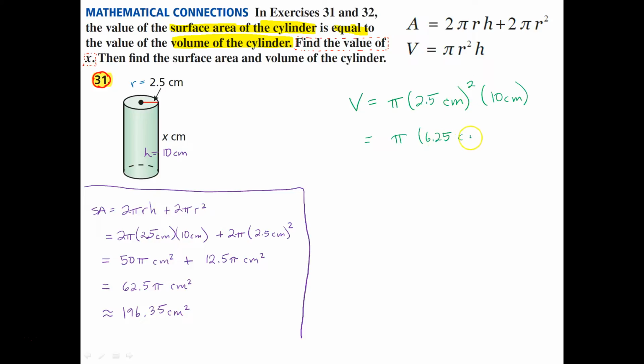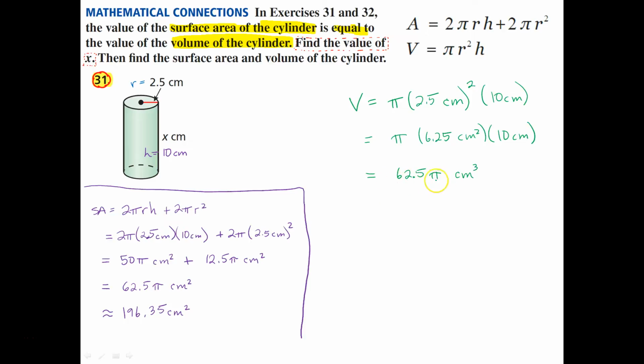Centimeters squared times 10 centimeters. 6.25 times 10 is 62.5 times pi. Centimeters squared times another centimeters is centimeters cubed, or cubic centimeters.